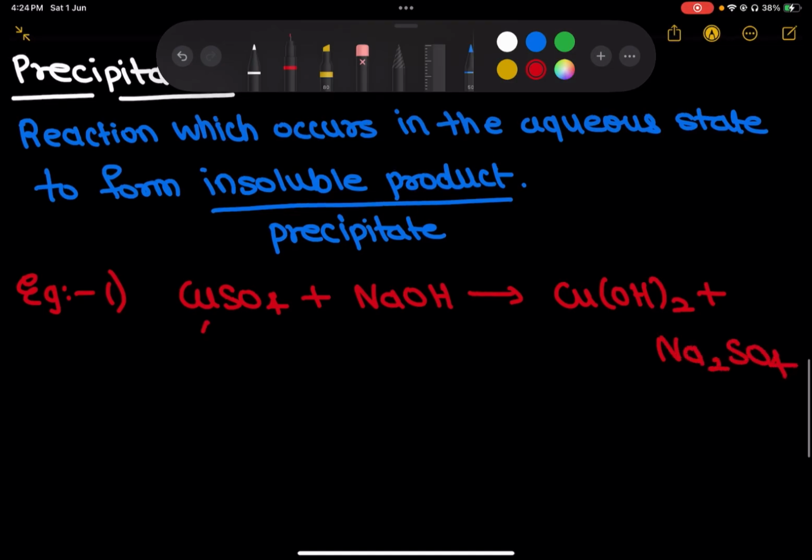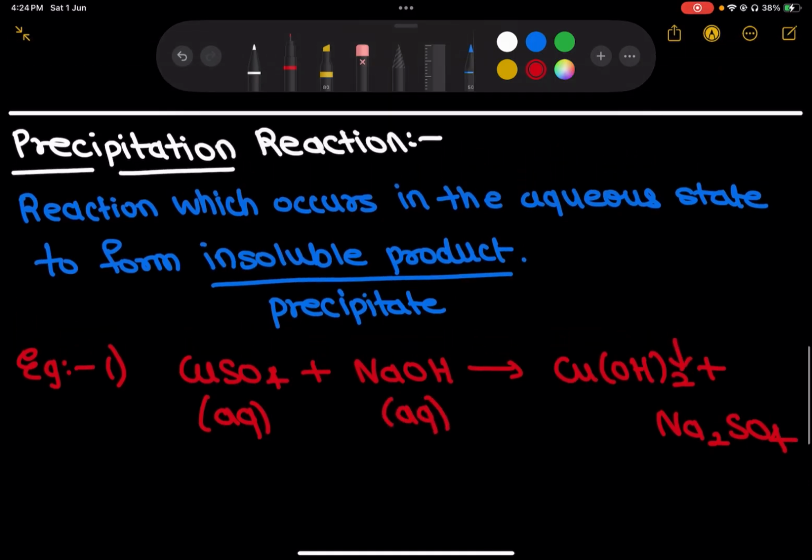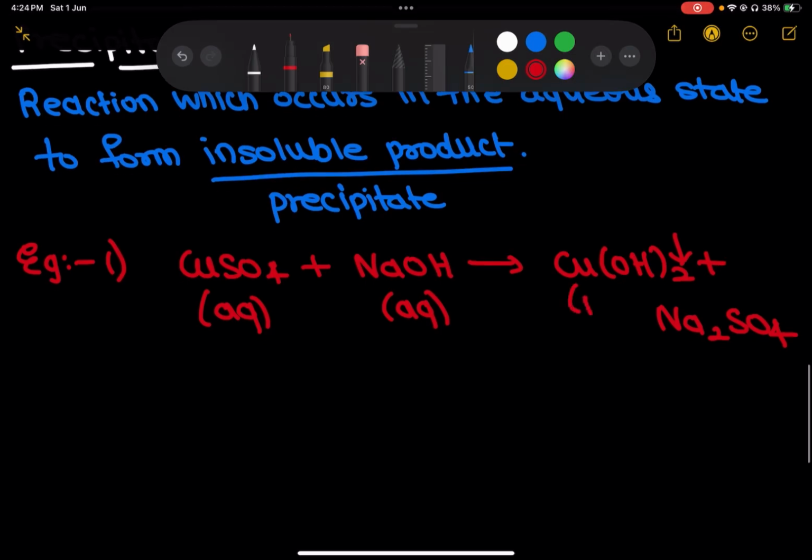Here the reactants are aqueous, and the copper hydroxide is the precipitate, so it should have a down arrow, PPT, and Na2SO4 is also aqueous. So copper sulfate reacts with sodium hydroxide to give copper hydroxide plus sodium sulfate. Simple. Here an insoluble product is formed, hence it is a precipitation reaction.